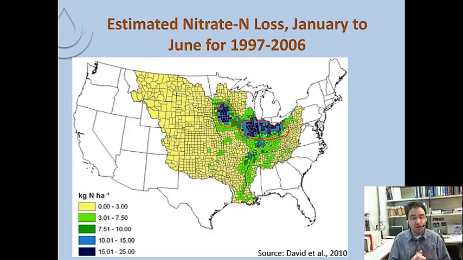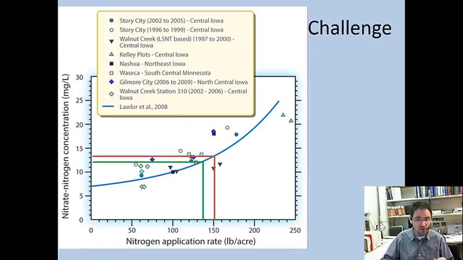So what are we going to do about it? Well, one question and maybe a challenge is, what about nutrient management? And certainly that's a critical factor, but as we start thinking about drainage water management, I just want to highlight maybe why we need something like drainage water management or some of these other edge of field practices.